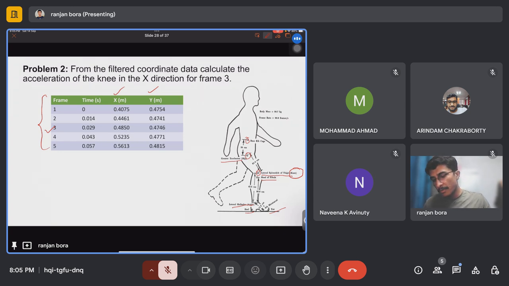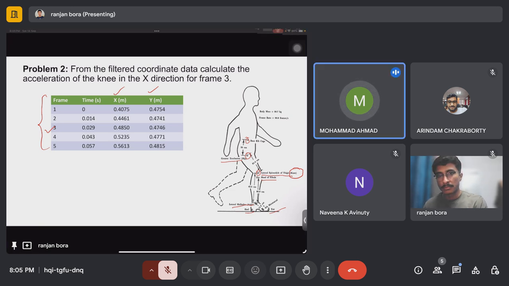So how will we solve this? Since we have to calculate for frame 3, we will use the data of frames 2 and 4 for calculating velocity initially, and after that we will calculate the acceleration.